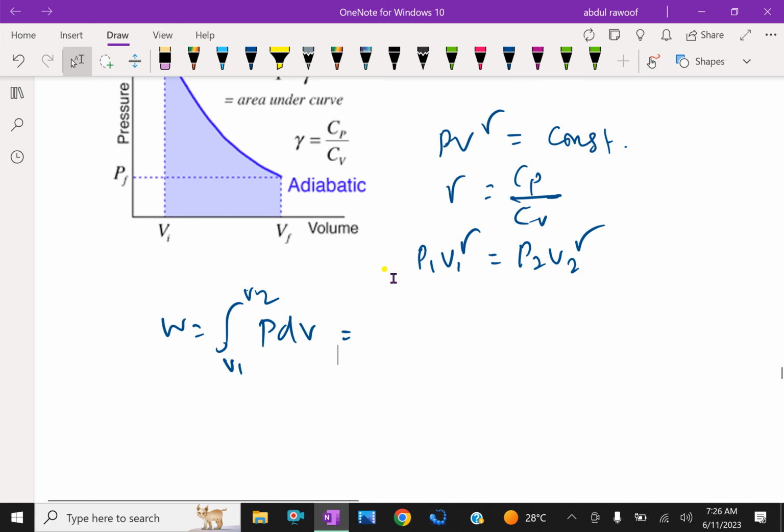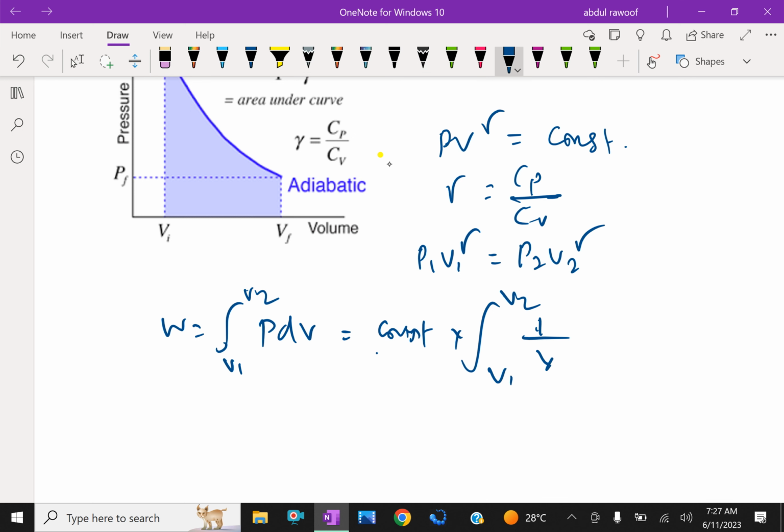P is constant over V to the power gamma, since PV to the power gamma is constant. So W equals constant times the integral from V1 to V2 of 1 over V to the power gamma dV.